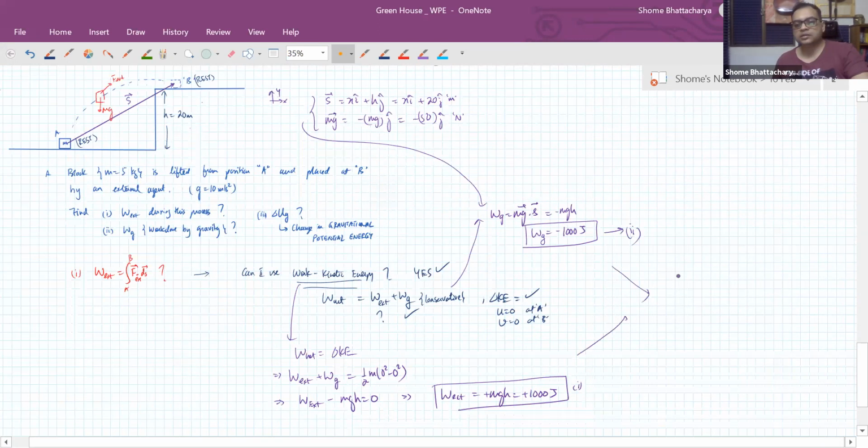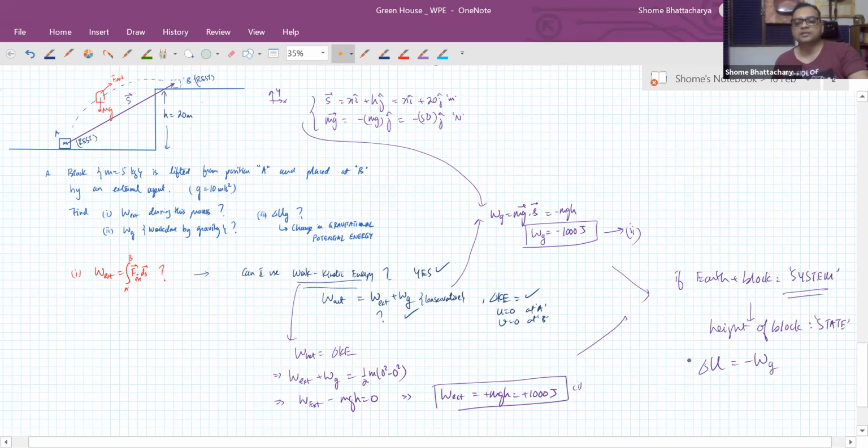So now if we take Earth plus the block as a system, basically what happens is the height of the block is the state of the system. So whenever the height changes, there is a state change. So the change in potential energy of the system will be the negative of the work done by gravity.